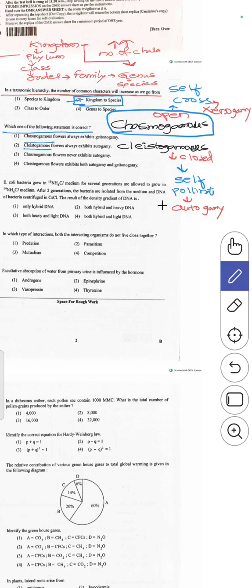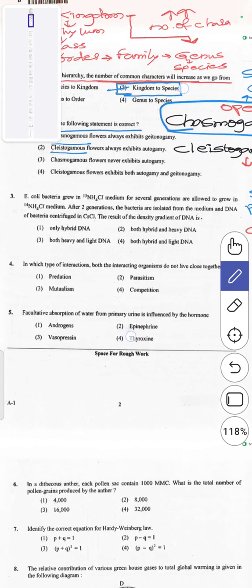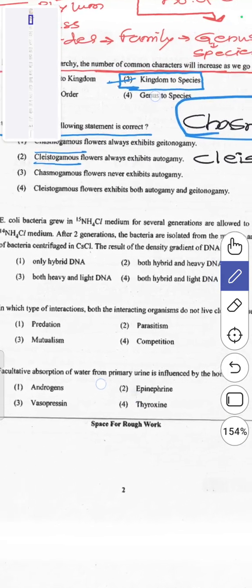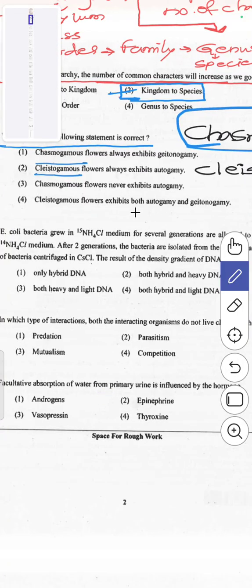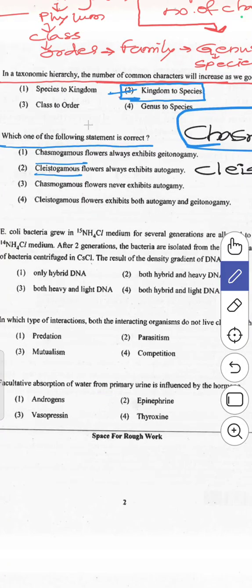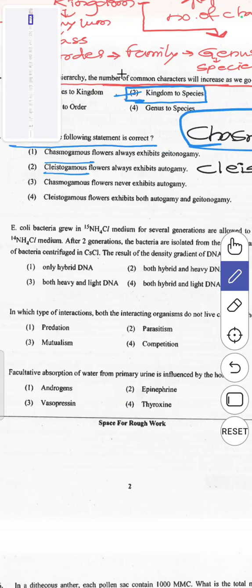So autogamy, or another one we can call it as geitonogamy. So here they have given four different statements for this question. Let's read out and choose the right statement among the following.